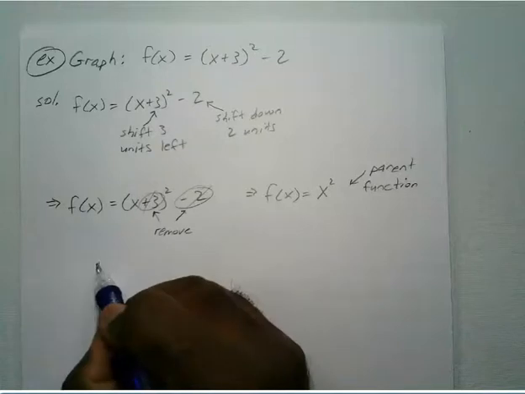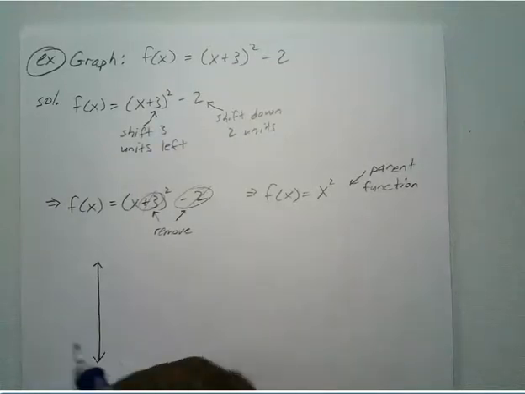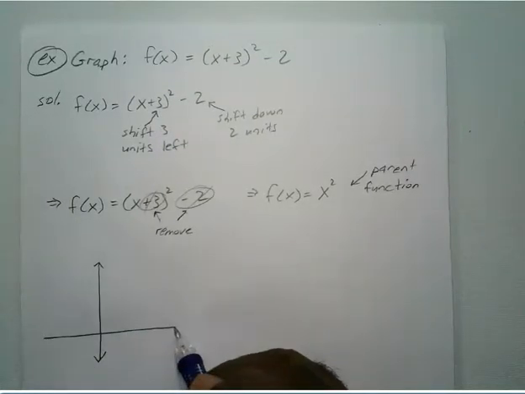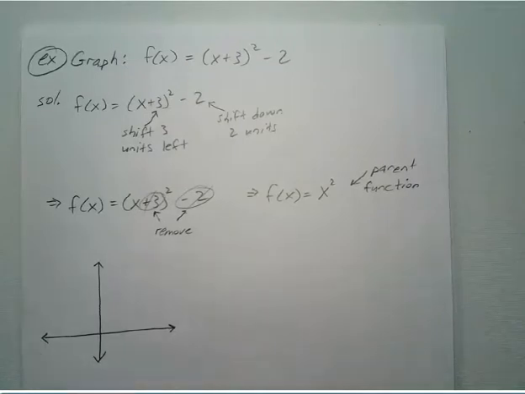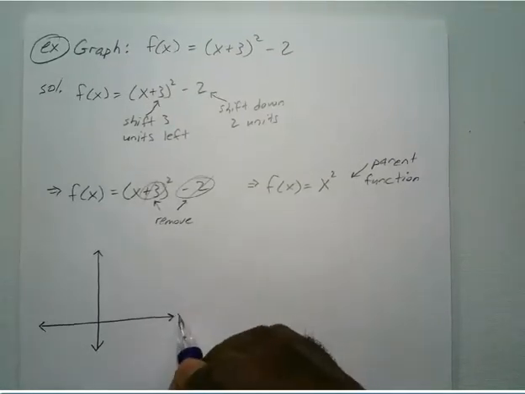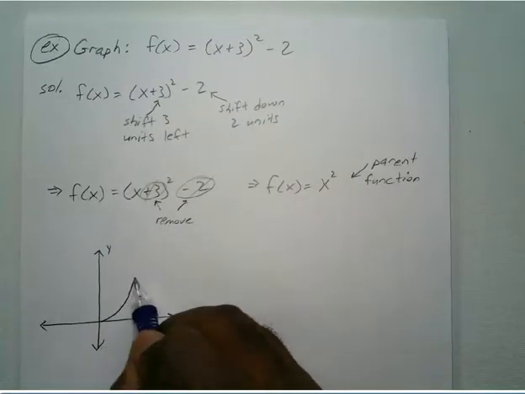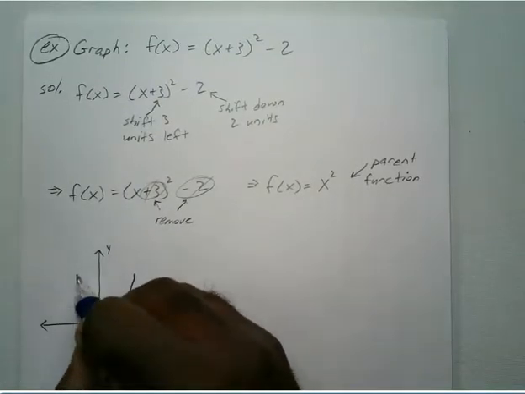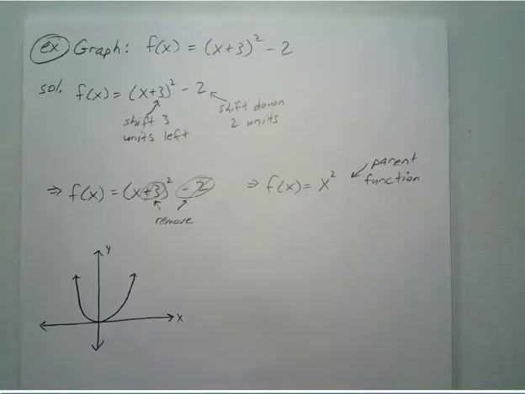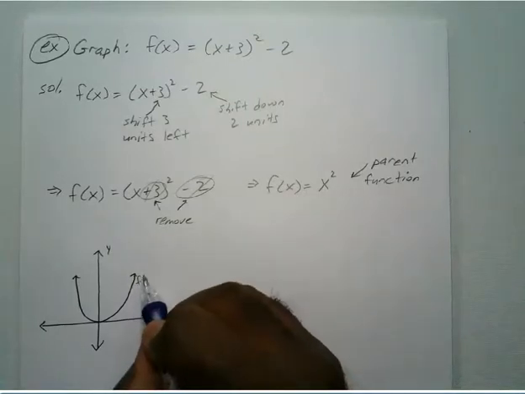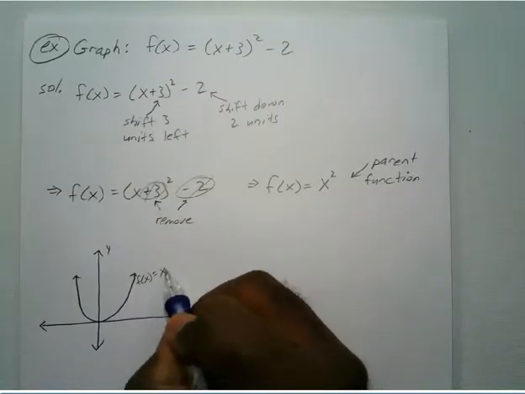So we're going to go ahead and draw our parent function. We have our x, then we have our y. We're going to draw our x squared. So this is our f of x equals x squared.